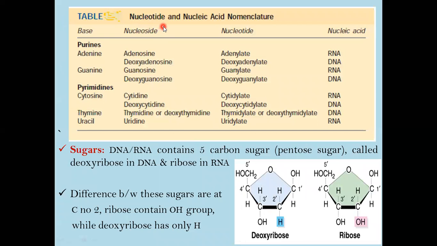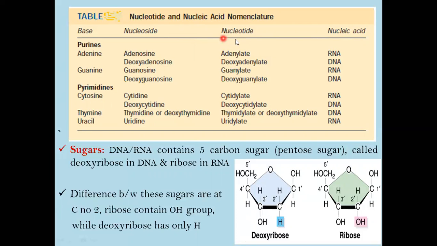In this table, the nucleotide and nucleic acid nomenclature is given. You can see here, these are bases, purine and pyrimidine, and this is nucleoside, and this is nucleotide, and in which type of nucleic acid it is present. So you can see here purine, adenine, it is also known as adenosine in RNA and deoxyadenosine in DNA.